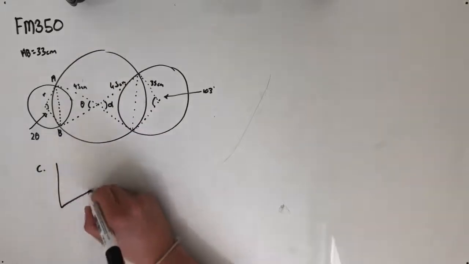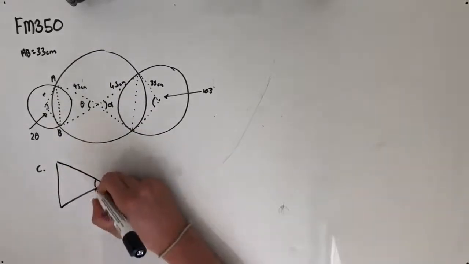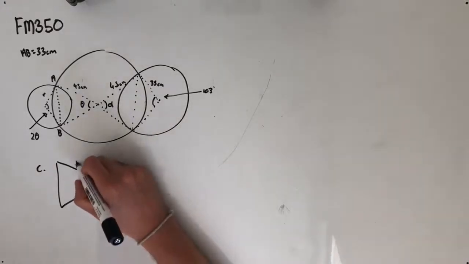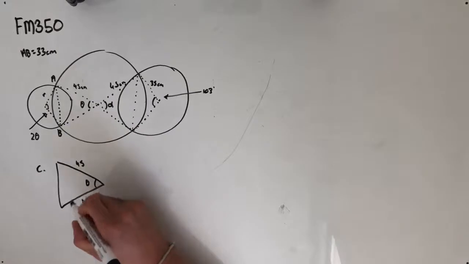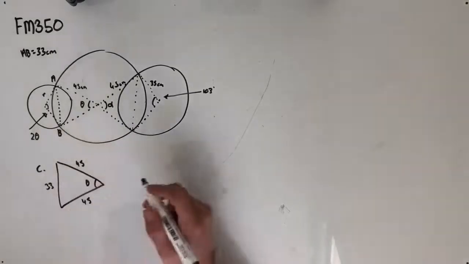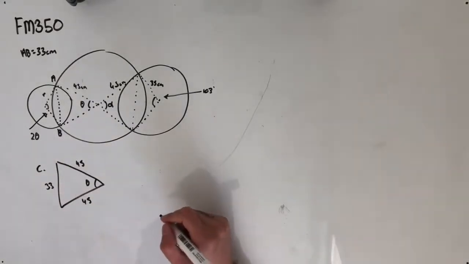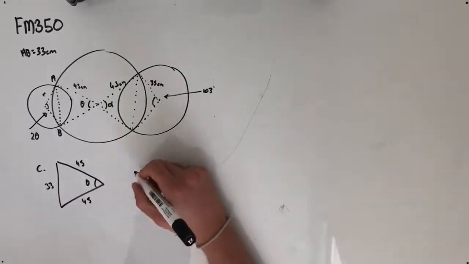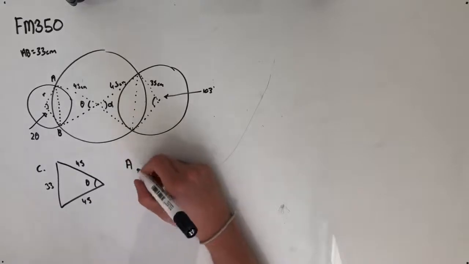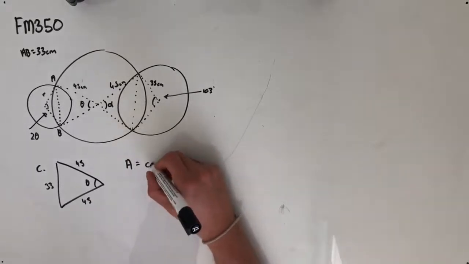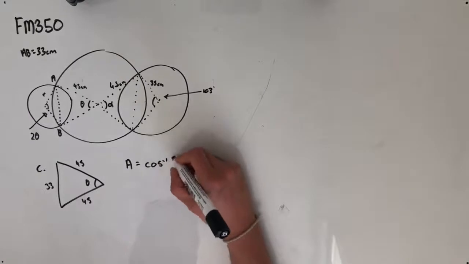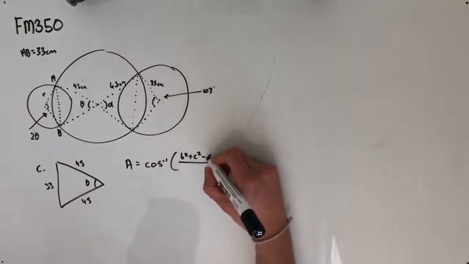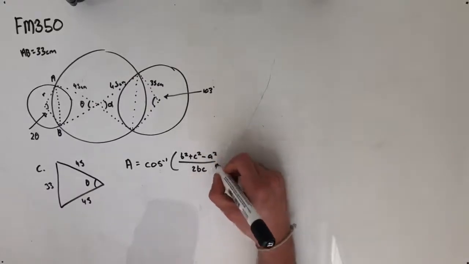So to solve this question, we're going to draw a little triangle that looks like this. We've got a little value for theta in there. We've got 45 and 45. We also know that this line has a value of 33 centimeters. So we can use the cosine rule to figure out angle theta. So our adjusted cosine rule is angle A is equal to arc cos of B squared plus C squared minus A squared all over 2BC.